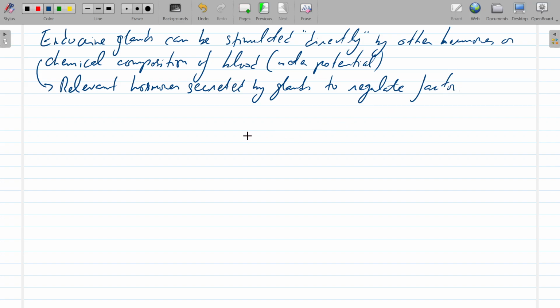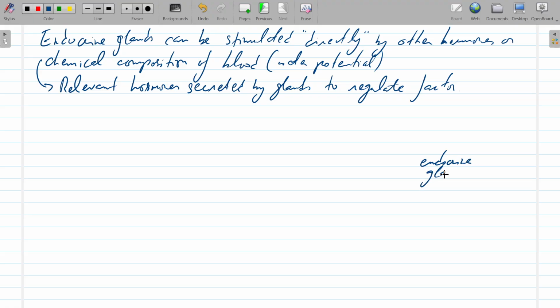So basically what's happening, there's a diagrammatic representation in the book, sort of a flow chart, and what they've given is the endocrine gland in the center, if I draw it over here.